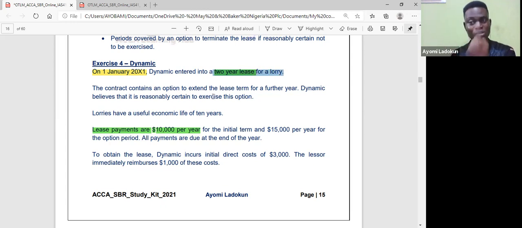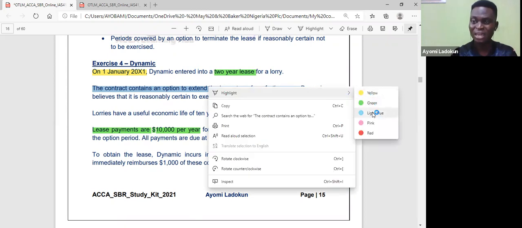Can you see? 2 years, non-cancellable period. Then number 2, option to extend is also part of my lease term. Then I ask the question, do I have an option to extend? It's going to tell me yes or no. If you read paragraph 2, it said the contract contains an option to extend the lease for a further term. So that means I have 3 years. That is it. I have 3 years for my lease term.